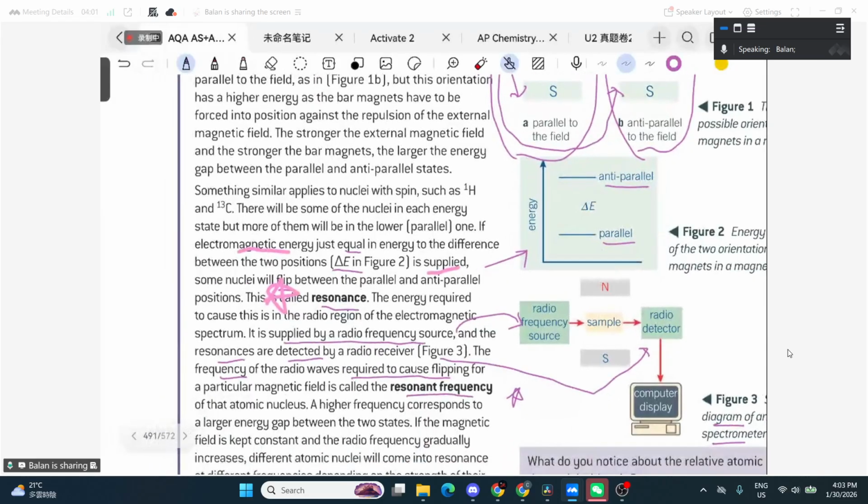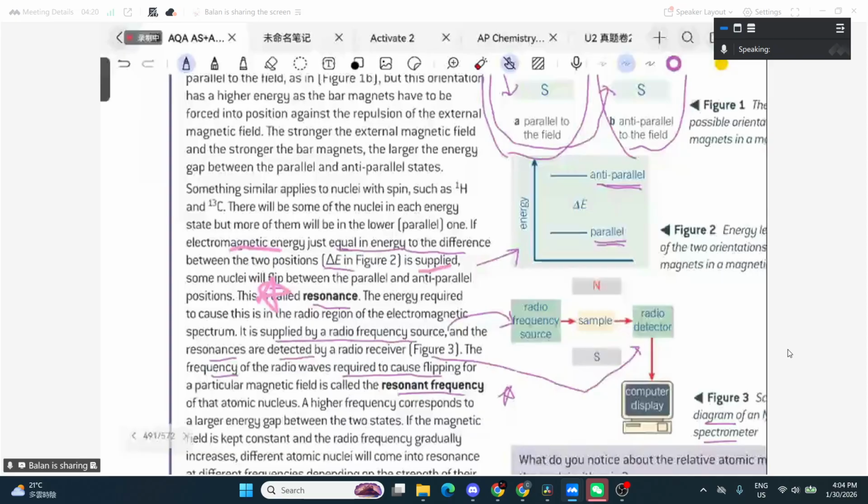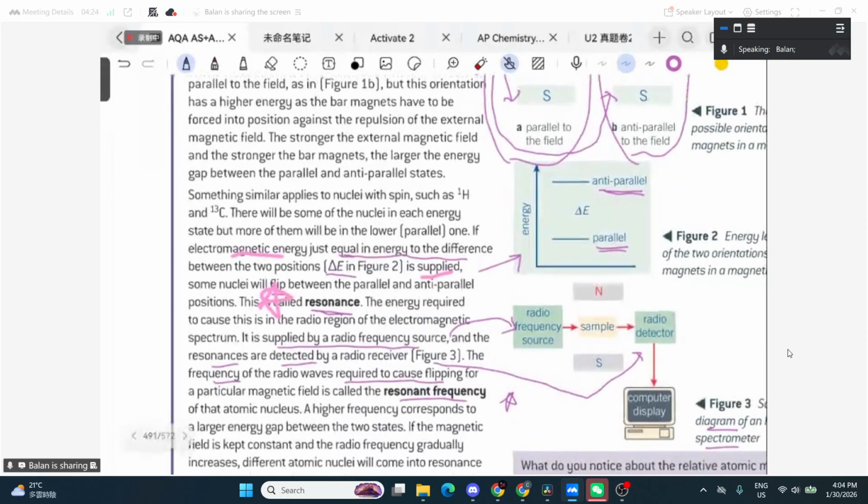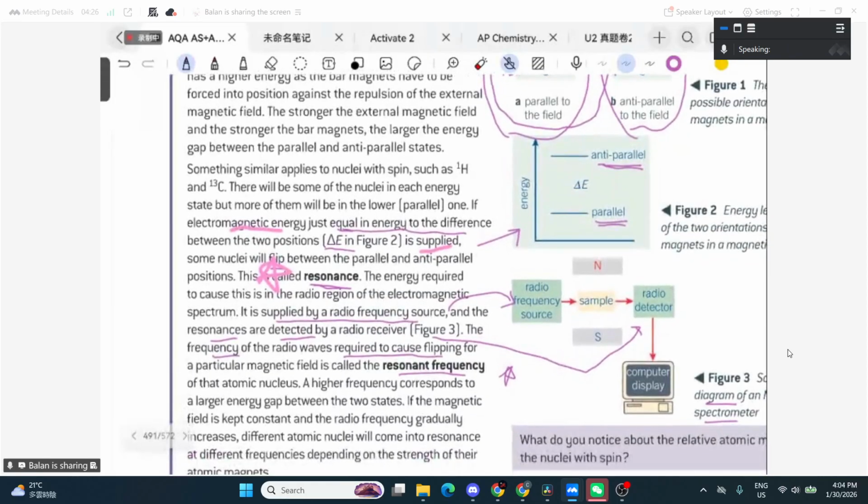Now if you supply electromagnetic energy just equal to the difference between these two states, the nucleus will flip between the anti-parallel and the parallel. This flipping is called resonance.